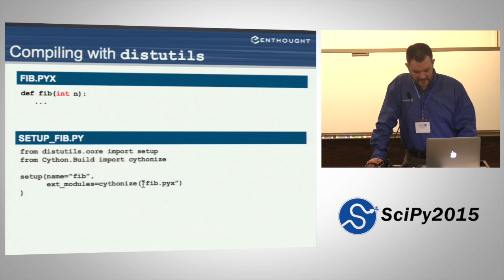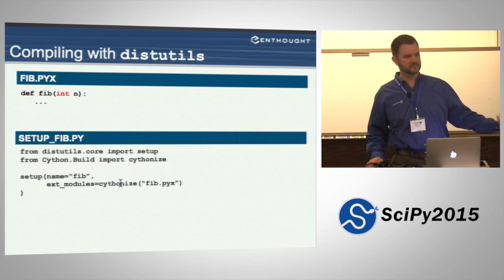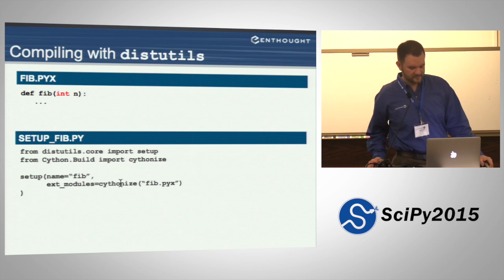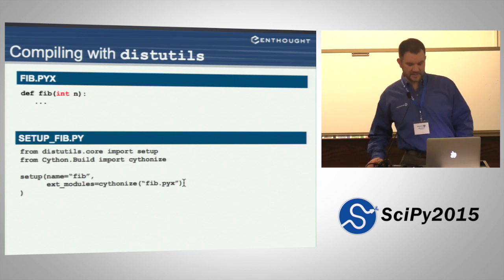It knows how to take the file name for a Python extension module, fib.pyx, and generate the right extension stuff and basically instruct distutils how to compile this thing. So we really need essentially just these 3 lines. 2 of them are imports, and then 1 of them is a function call. And really, cythonize is just doing all the work here for us. The rest of it is more or less just setup. Okay. And so we'll be seeing that in a little bit, but it's a very minimal effort on our end to have a simple distutils setup script that will compile Cython code.